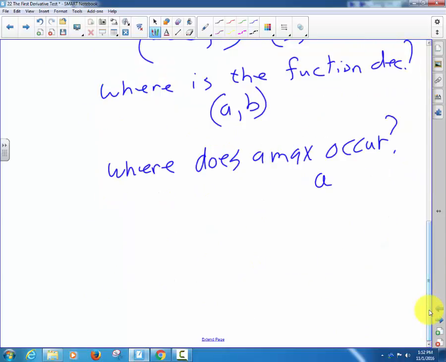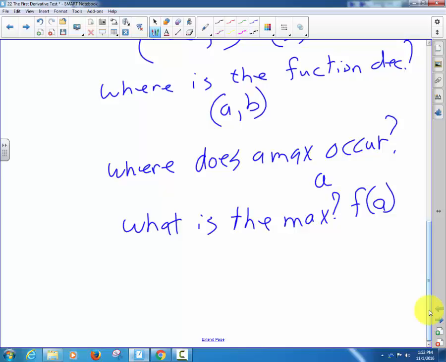Now, we're not going to answer this question, but I want you to understand the difference. What is the max? A is not the answer for that. What's the answer for that? How would you find the answer for that? What is the max? That's right. You've got to plug A back into the function and get a number out of it. F of A is not the answer.